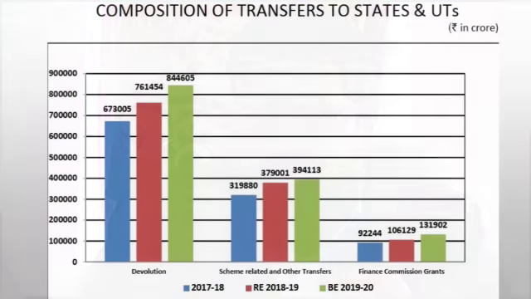So that's regarding the third. Then third one. The third one is Finance Commission grants. Sometimes the Finance Commission will recommend to provide certain grants to certain states because of their unique financial situation.